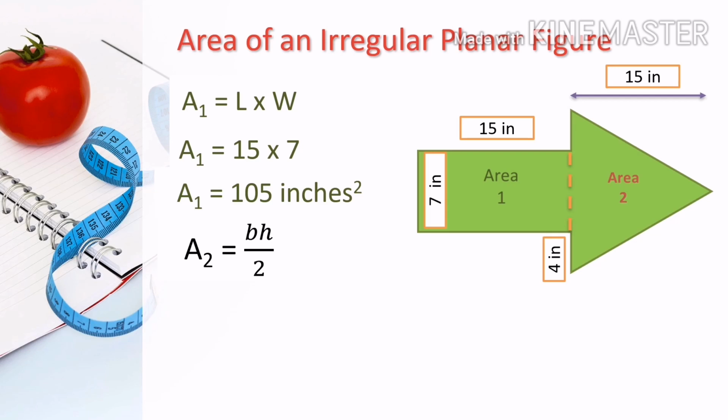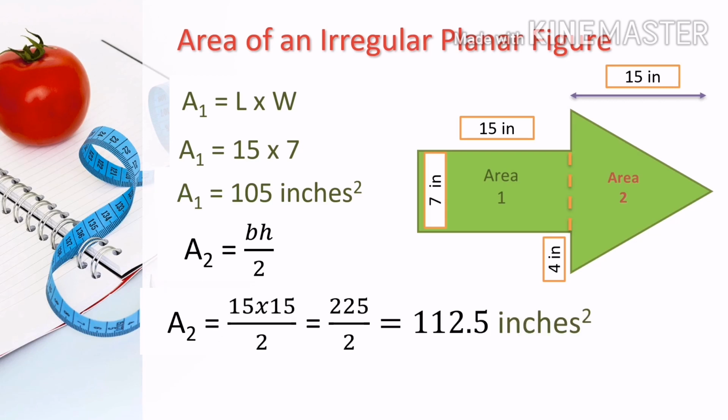Pero may 4 inches dito, tsaka therefore, kung 4 inches yan, yung kabilang side, yung kabilang tusok, 4 inches din. So, ang ating base would actually be equal to 15. Paano ulit nakuha yung 15? 7 plus 4 plus 4. So, 15 yung ating base, 15 yung ating height.